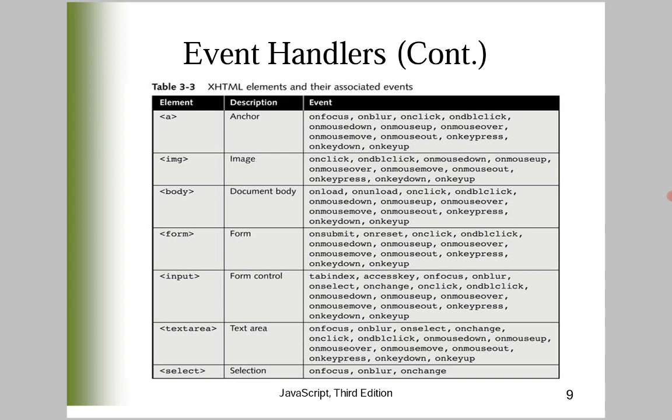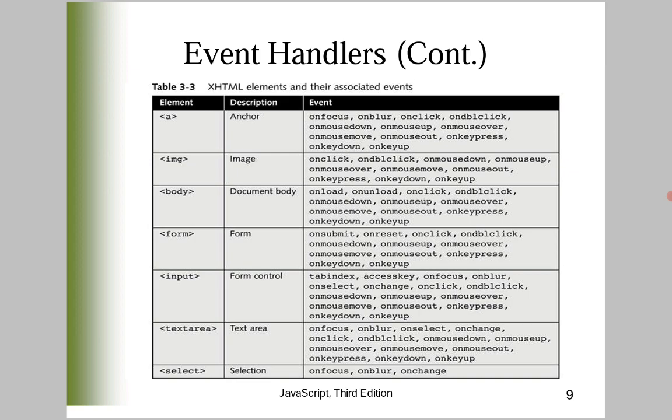Ondblclick means when you double click on an image. Onmousedown means whenever you press a mouse button on an image. Onmouseup, onmouseover means when you move onto the object, and onmousemove and onmouseout.